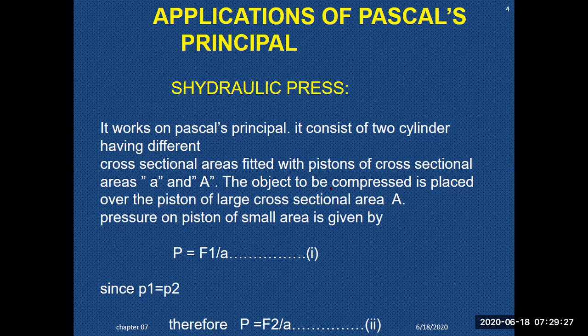The object to be compressed is placed over the piston of large cross-sectional area A. The pressure on the piston of small area is force per unit area. That is the pressure exerted on the small piston. And this P1 will be equal to P2, because the pressure is transmitted equally. So P2 is basically F2 acting on capital A.